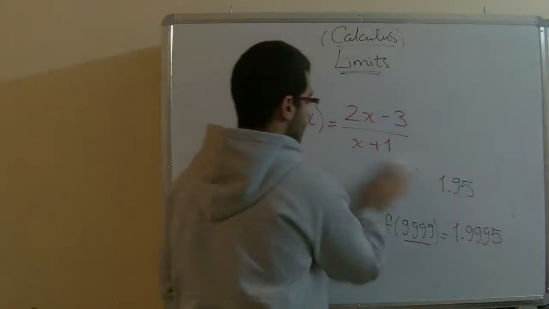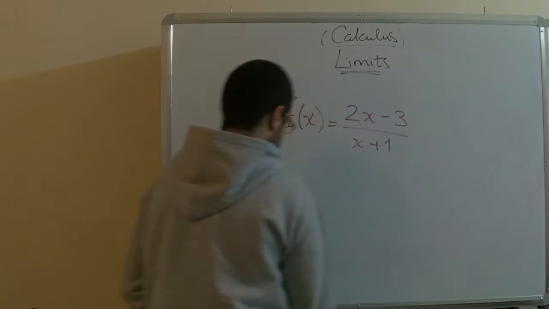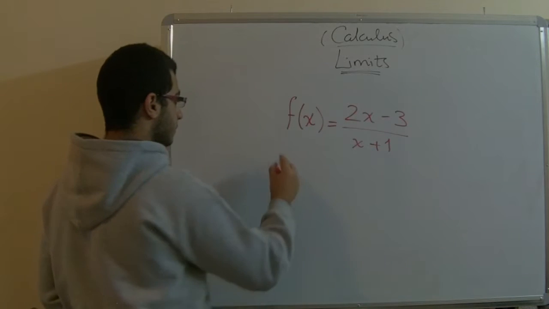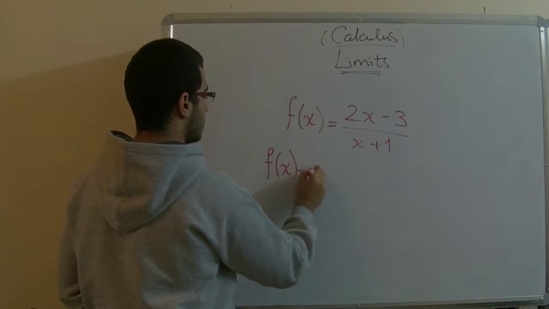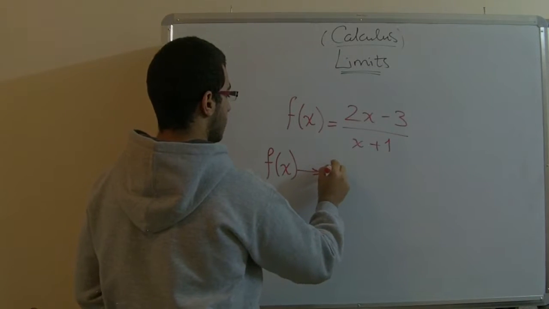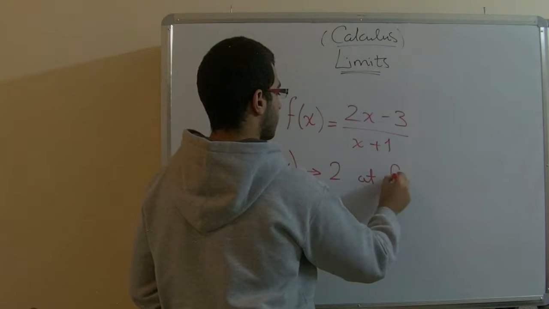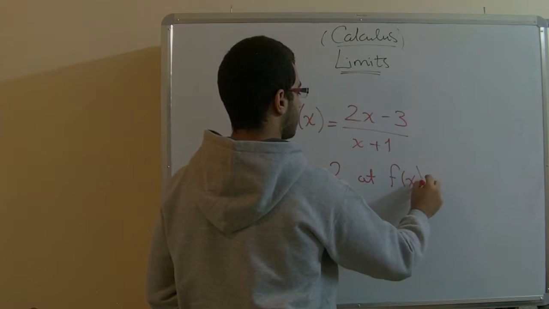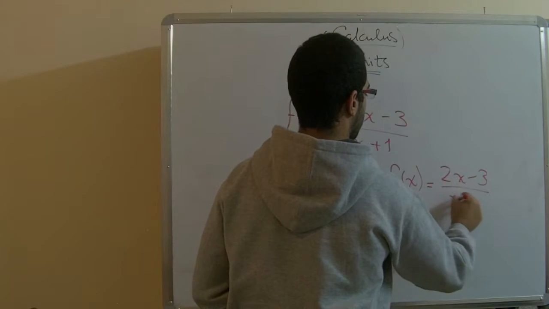Instead of increasing our substitutions of x, we can write that f(x) approaches 2, where f(x) equals (2x - 3) over (x + 1).